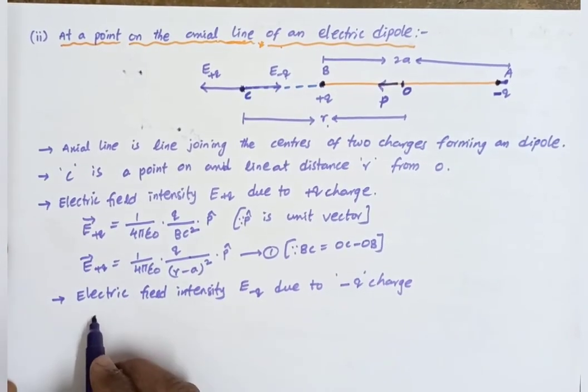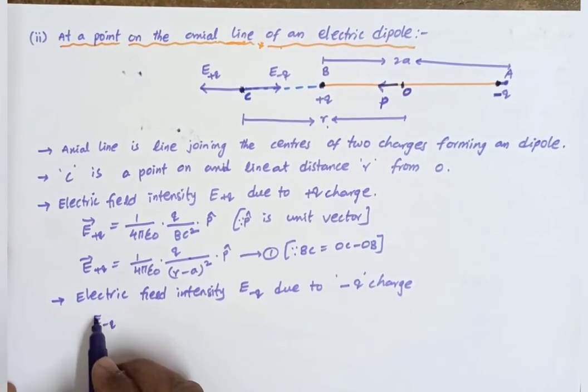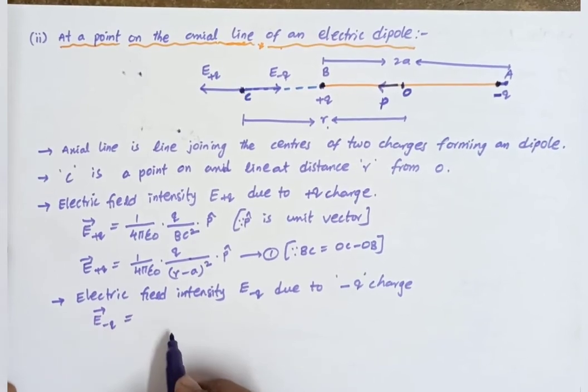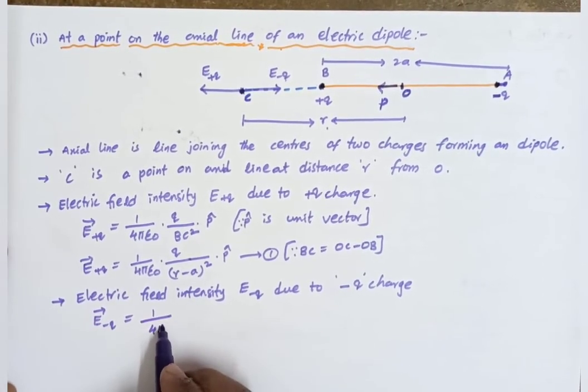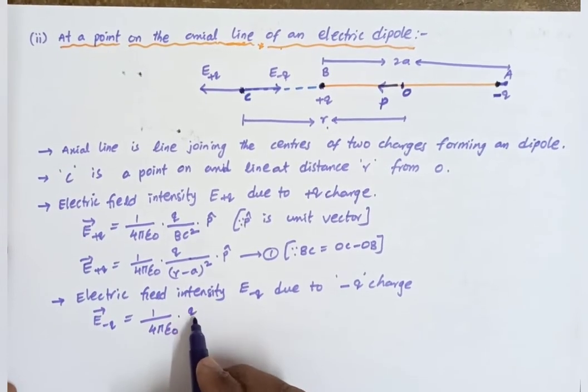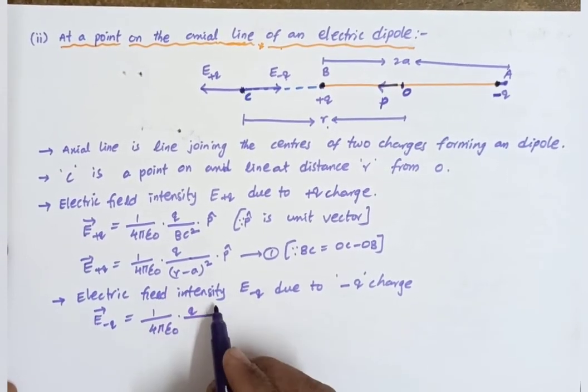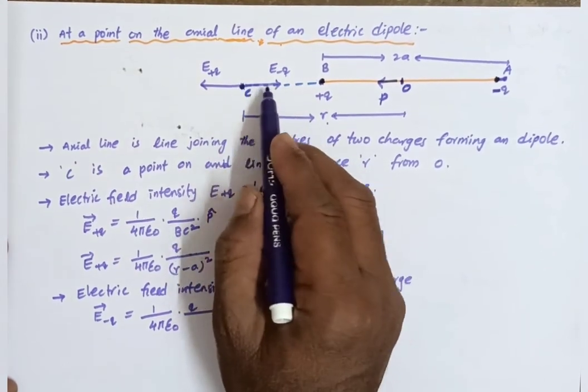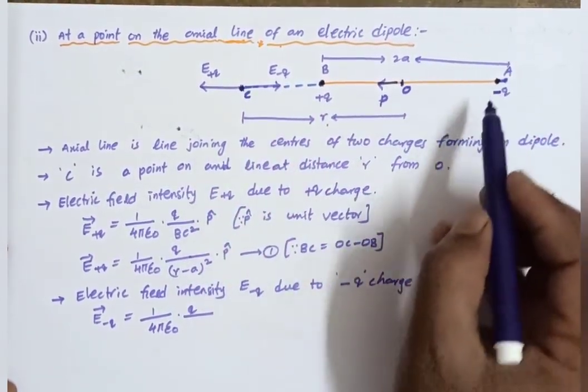E minus Q bar equals 1 by 4 pi epsilon naught into Q by, so what is the distance here?